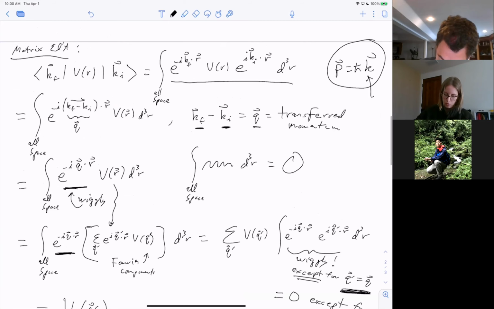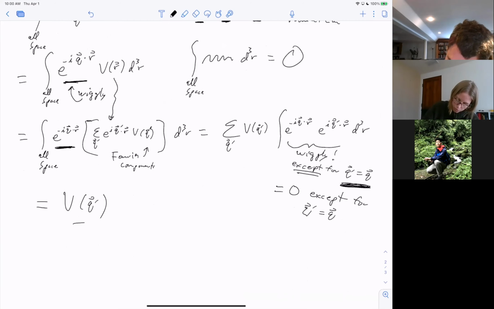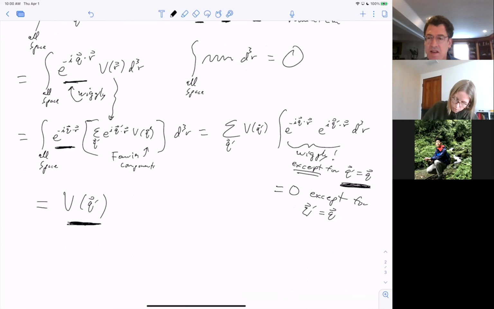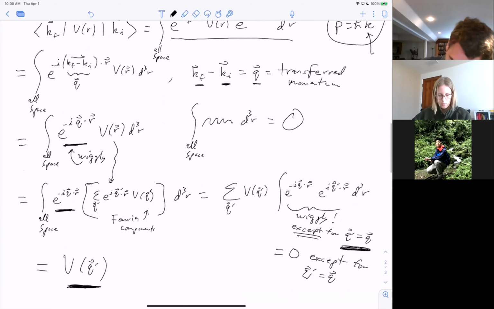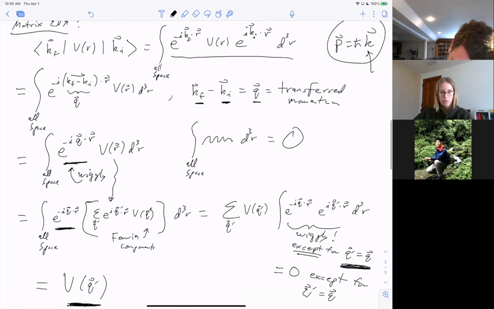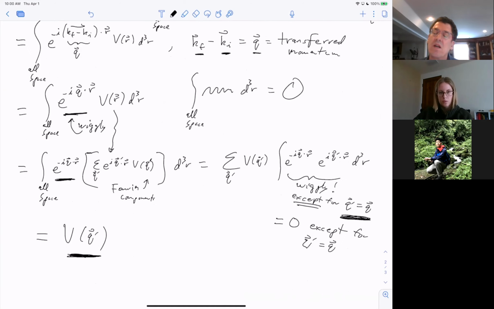That's what we calculated. You see, it's the Fourier transform, and that's sort of an obvious thing when you look at the math, because we're calculating this matrix element, but this matrix element is just a Fourier transform of the potential. So from a mathematical point of view, it's very trivial.